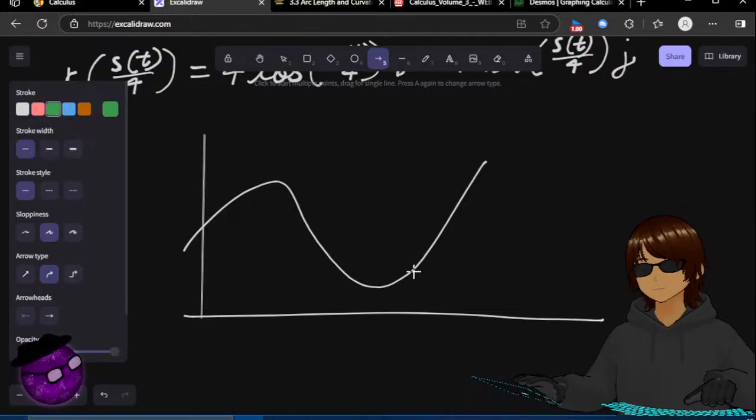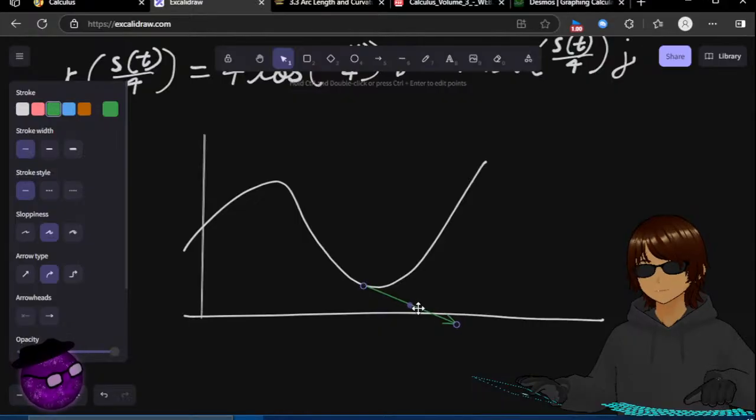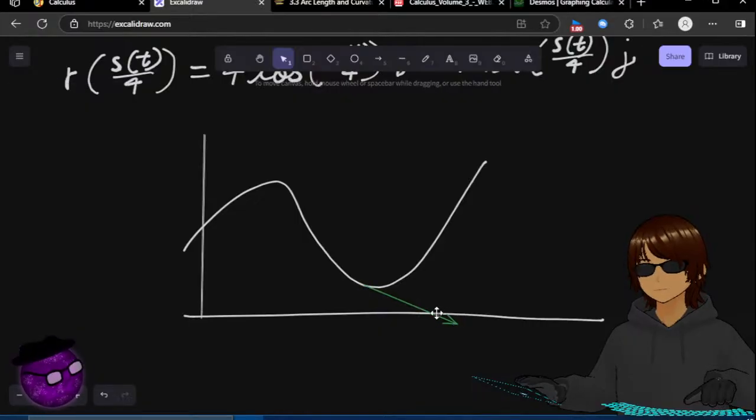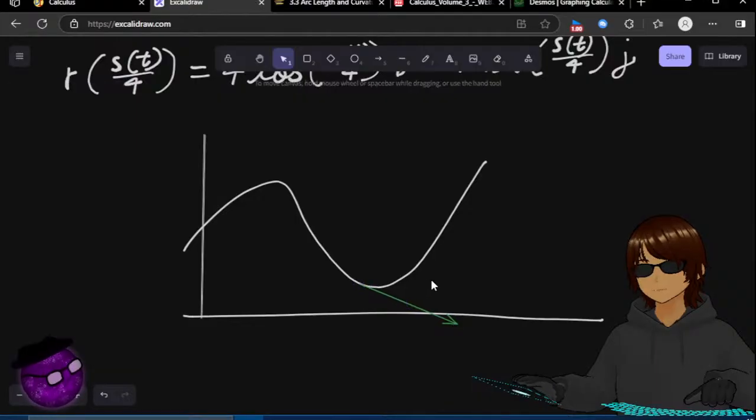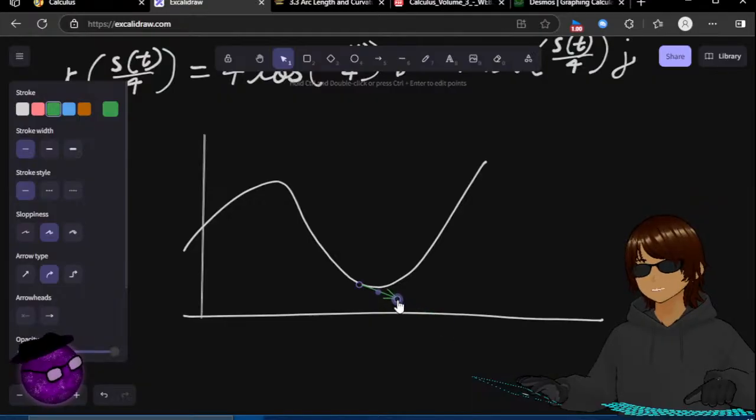So we have, let's say, this over here. So we should make this a unit vector.